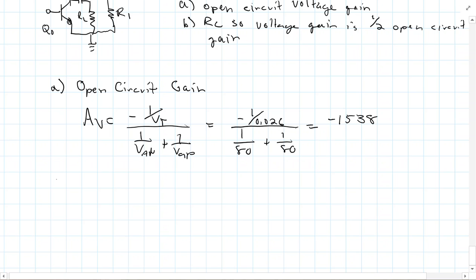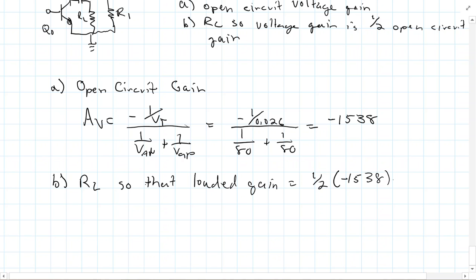Now part B wants us to figure out RL so that the loaded gain is 1/2 of the open circuit, which if I just do 1/2 of that right now, we get 769. So we want a gain of -769.